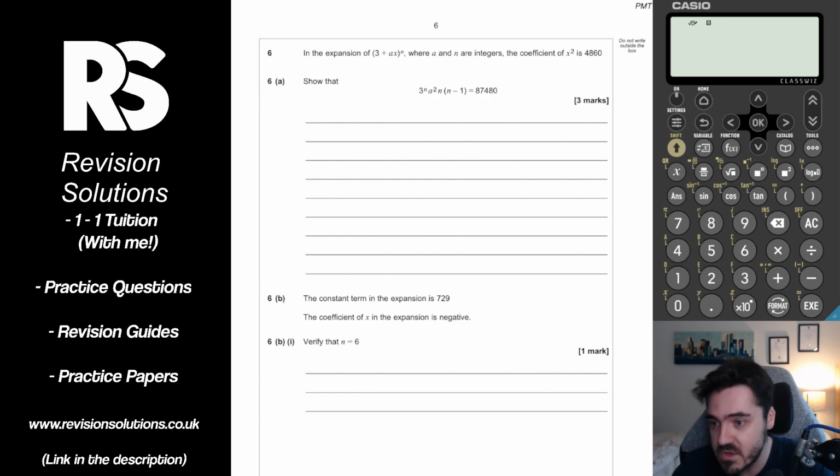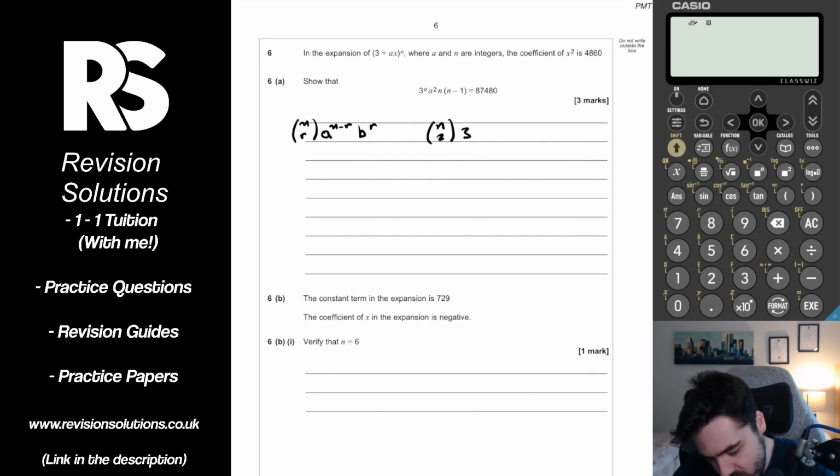So if we remember, the general term in a plus b to the n is n choose r, times a to the n minus r, then b to the r. So we want to have r be 2 because we want the ax squared term. So we'll be doing n choose 2 times 3 to the power of n minus 2.